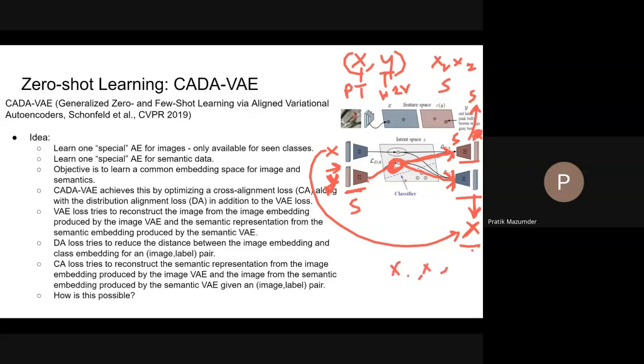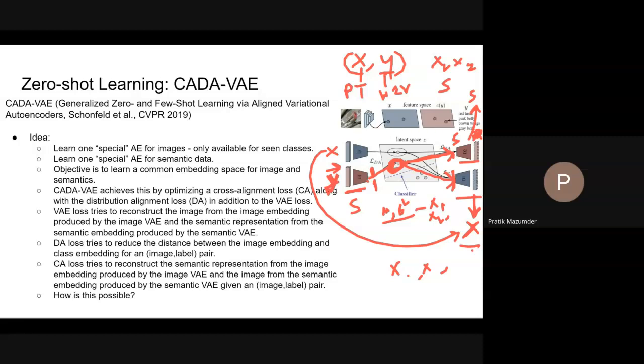But because this variational autoencoder produces a mean and a variance, you can sample multiple embeddings at this stage, which we will utilize for our subsequent task of training a final classifier.